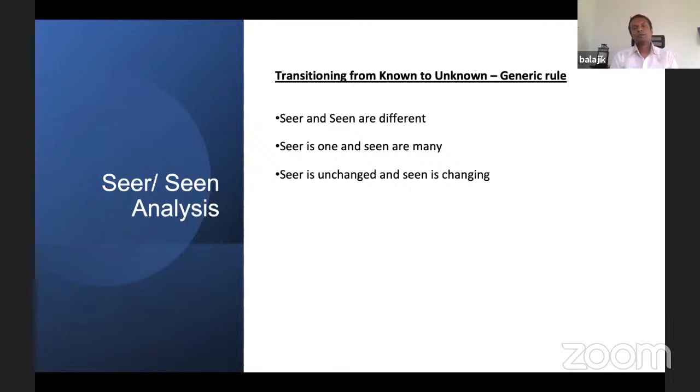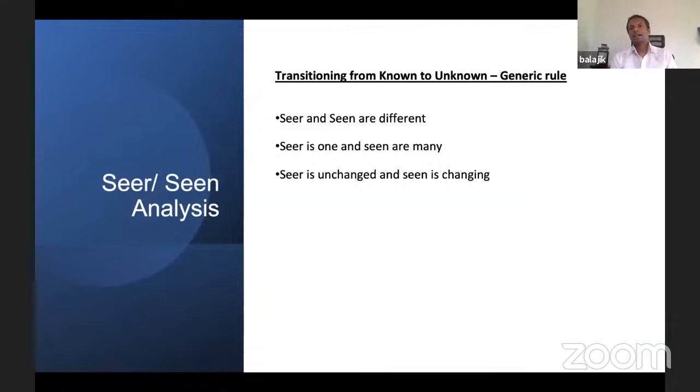So those are all the seen now, and the seer becomes the mind. We started with the eye first as a seer, and the seen were the external things outside. Now the seer is the mind, and the seen are the indriyas, the body parts, the sense organs, which provide input to the seer.